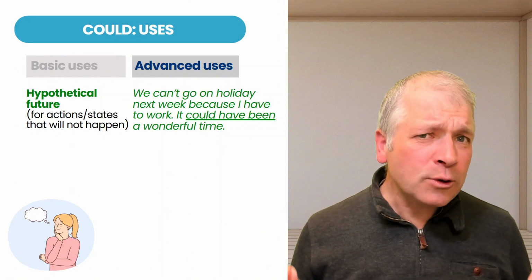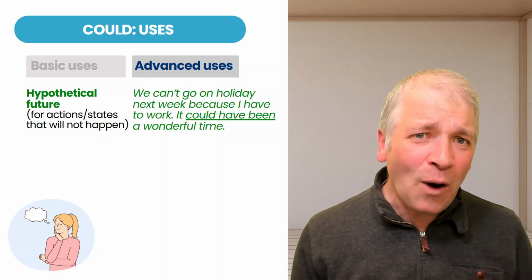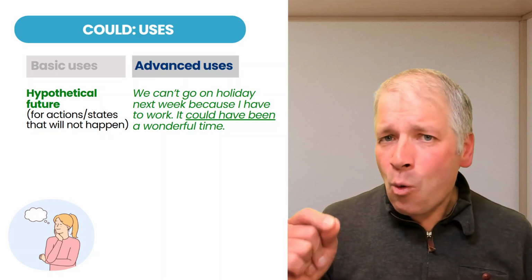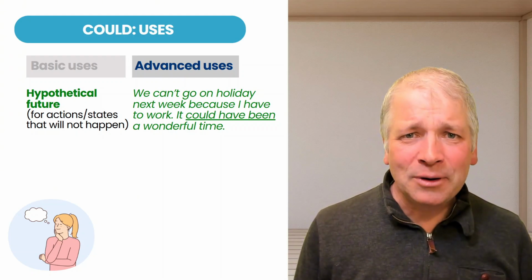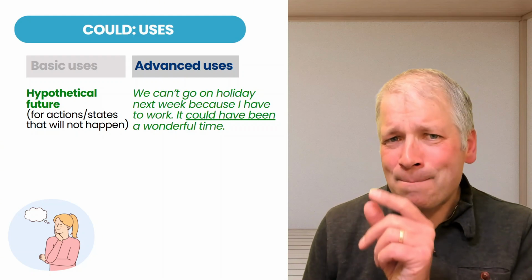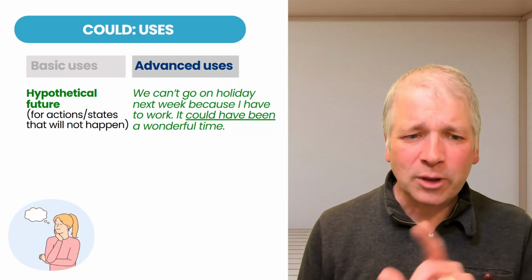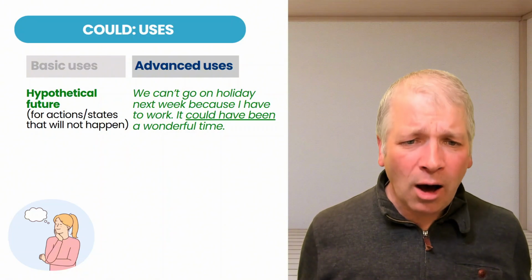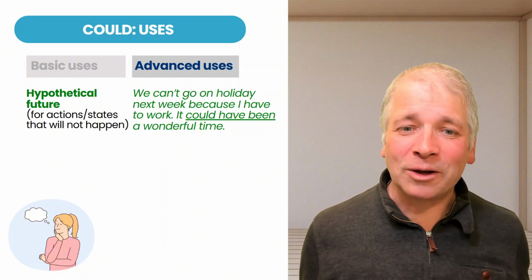And we can also use could for the hypothetical future. This is for actions or states that will not happen. Something that was planned, now it can't happen, but you're hypothesizing, imagining if it had still been possible to do it. Look at the example. We can't go on a holiday next week because I have to work.